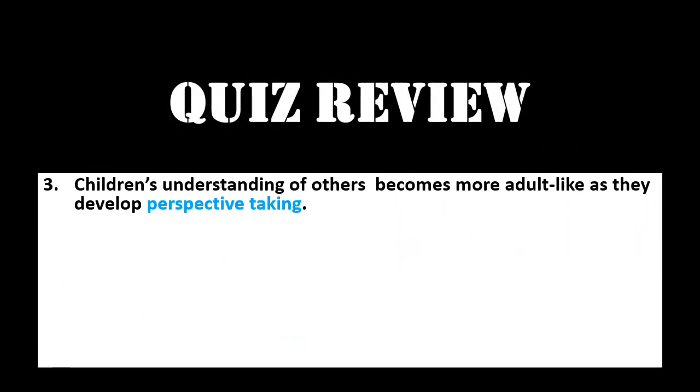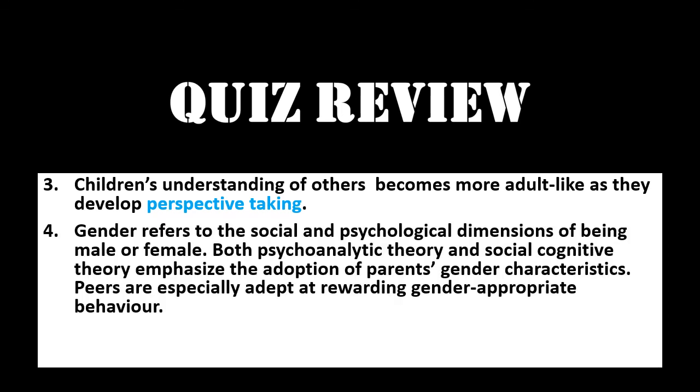Children's understanding of others becomes more adult-like as they develop perspective taking, right? So as they start to be able to put themselves in other people's shoes and understand what other people are thinking and how that's different than what they're experiencing, they make this jump from the early stage to the next stage where they start to make sense of their social world in a way that's more, as this says, adult-like.